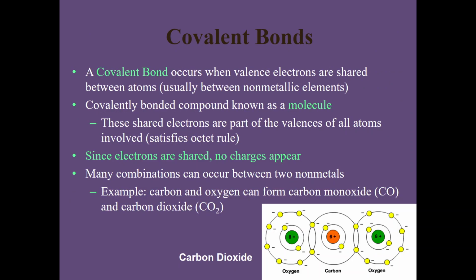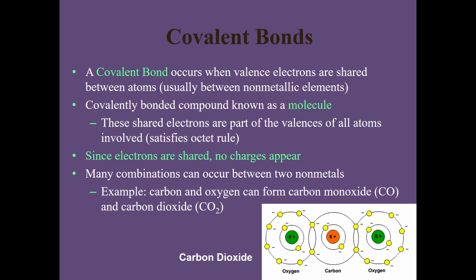So a covalent bond occurs when valence electrons are shared between atoms, usually between non-metallic elements. A covalently bonded compound is known as a molecule. These shared electrons are part of the valence of all atoms involved and satisfy the octet rule.